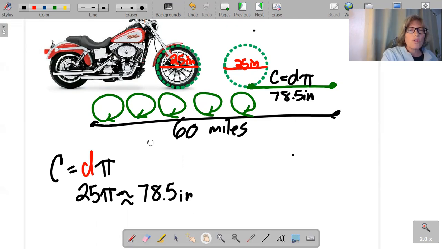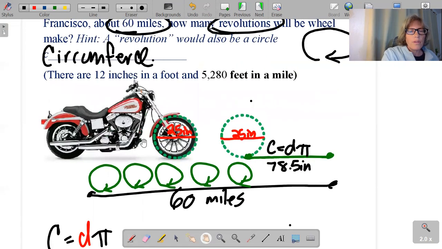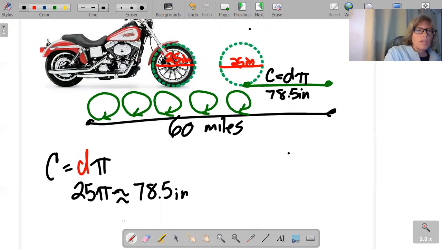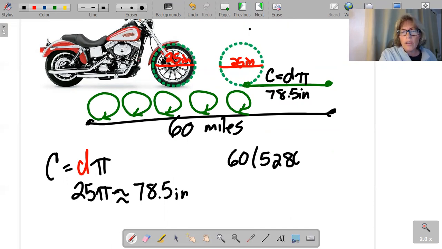So for every 1 mile, there's 5,280 feet. And for every foot, there's 12 inches. So to get our 60 miles into inches, watch, it's 60 miles times 5,280 feet times 12 inches.